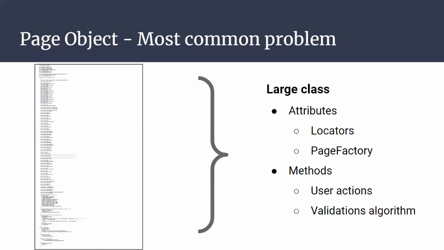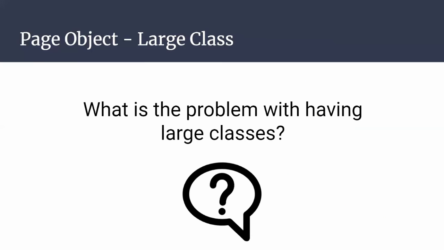And the page object also has methods to validate the user interaction with the application. We have to take this into consideration, because if we don't think about this problem from the beginning, when we start with the page object, we will have a page object with classes too large, like this one that has more than 200 lines of code.